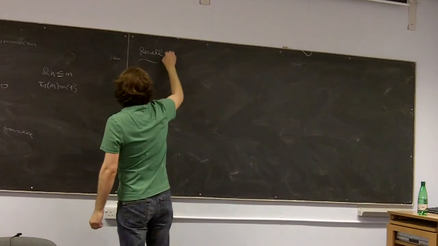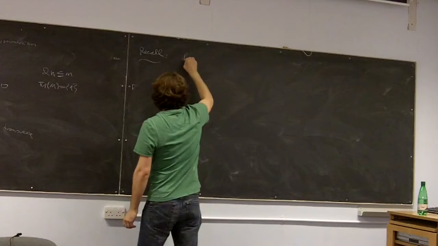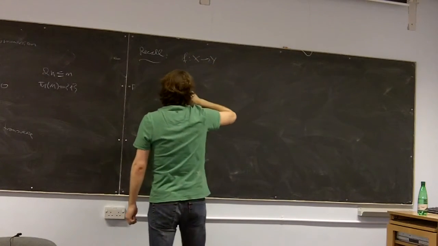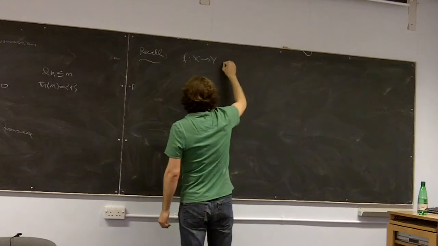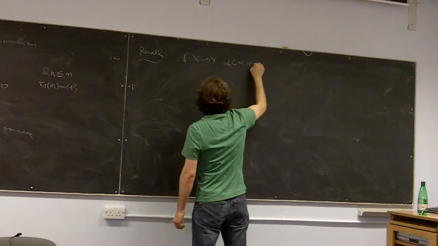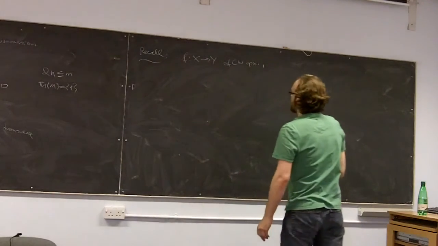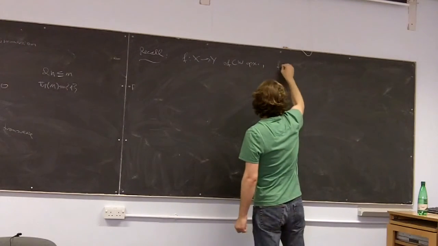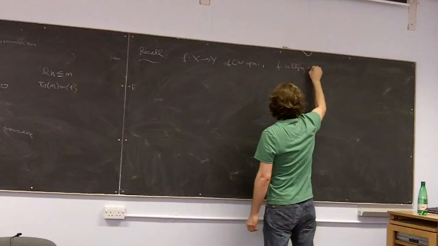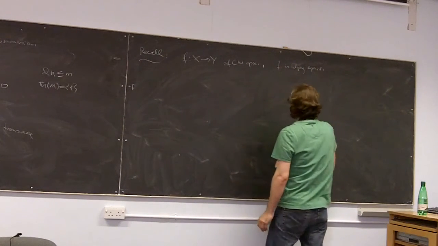So this is just a remark. Recall, if I have a map of CW complexes, then f is a homotopy equivalence if and only if there's an isomorphism on the fundamental groups and a homology isomorphism on the universal covers. Why does this matter?